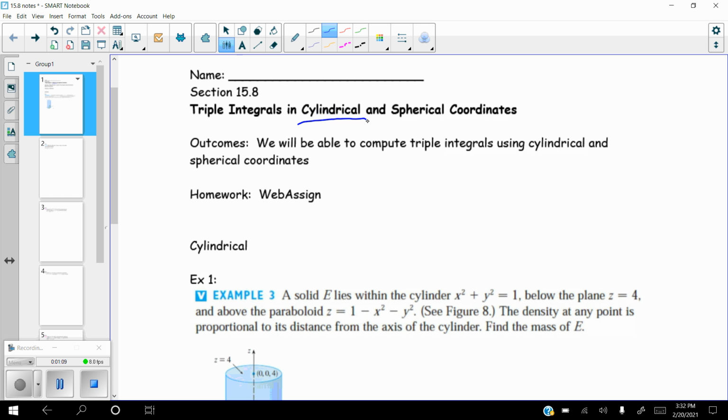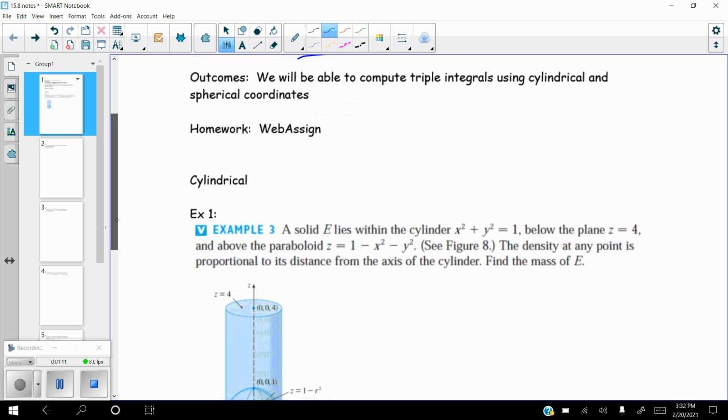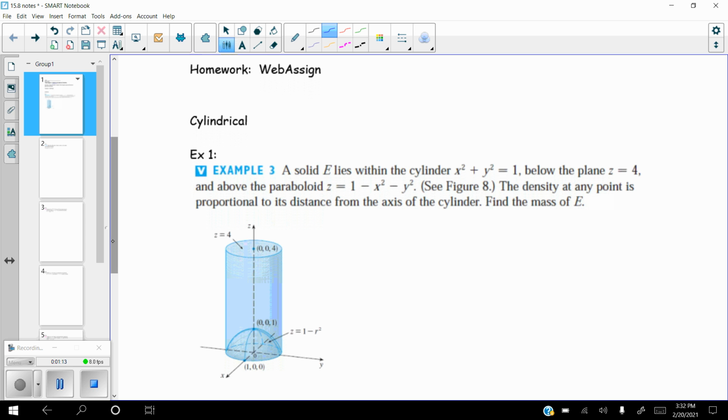So for example, in our first example down here, the cylinder is pretty clearly revolved around the z-axis. So that's going to be your standard x, y, z, so it'll become r, theta, z. But if that cylinder was revolved around the y-axis, then it would be r, y, theta. Hopefully that makes sense.